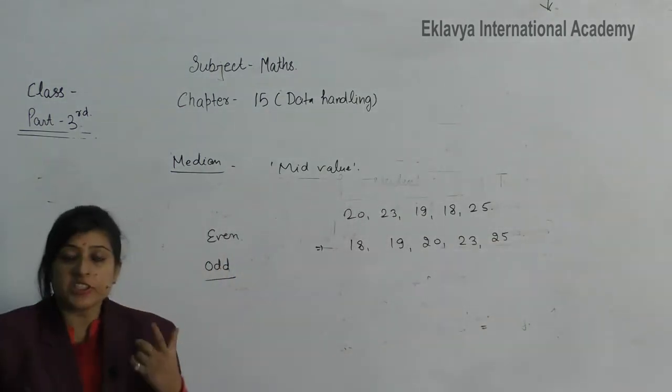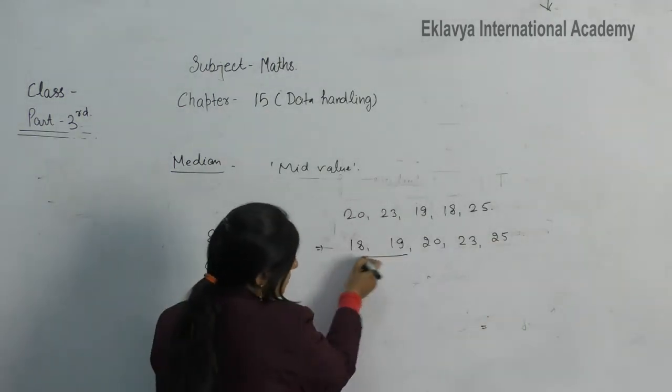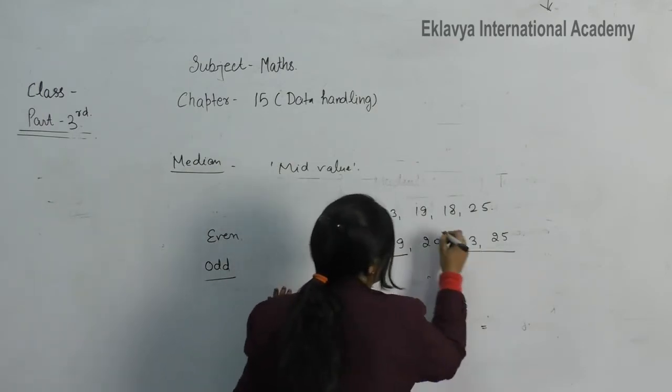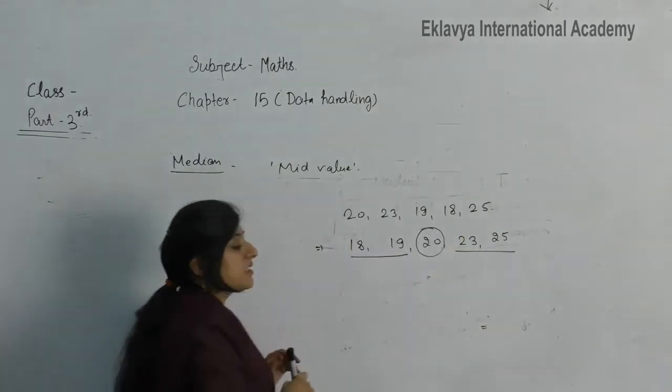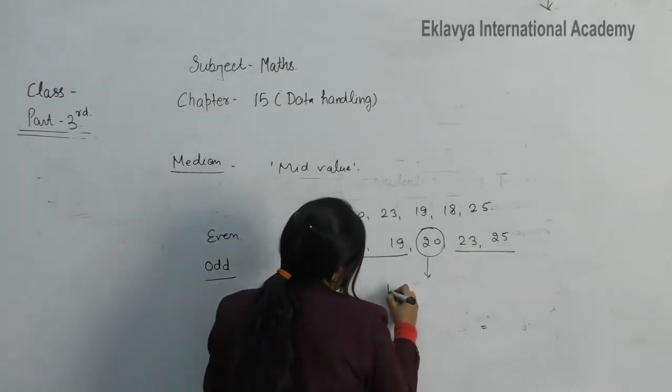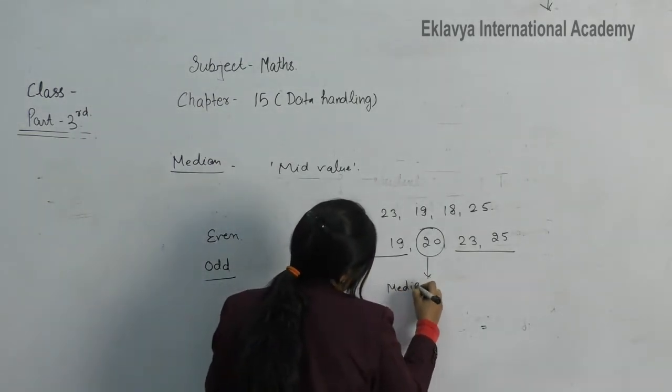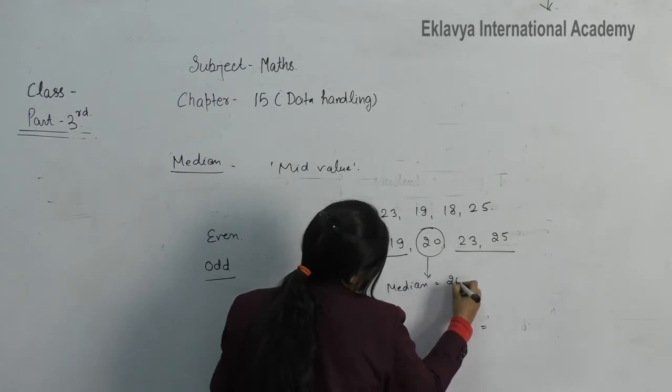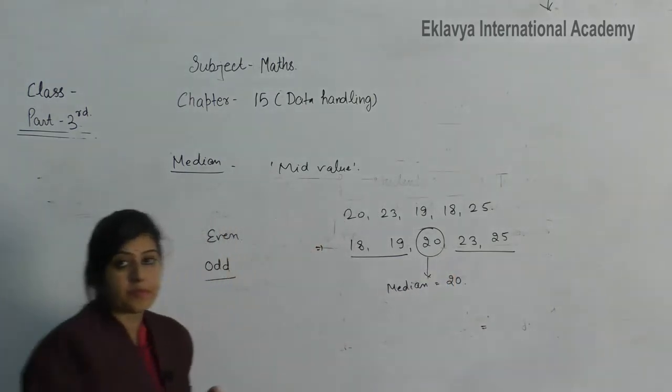You can see which number is middlemost. 2 leave from here, 2 leave from here. Then this one is the middlemost number. So what is the median of this given data? The median is equal to 20 here.